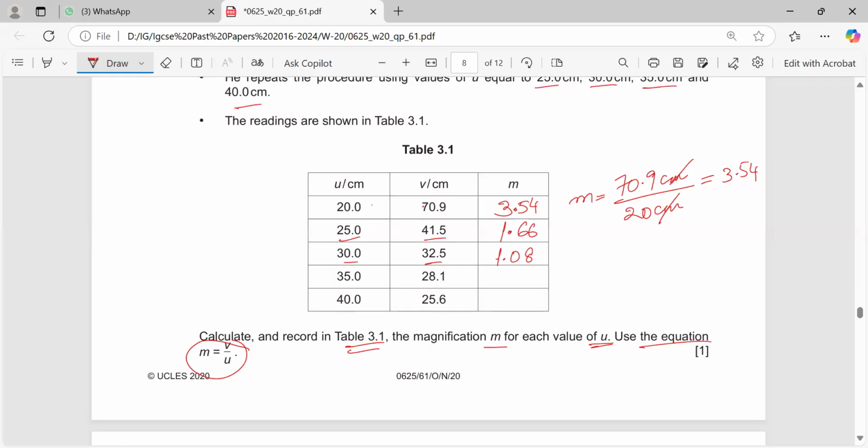And then, my dear friends, 28.1 divided by 35, now it will go less than 1, and that is almost 0.80. And the last number, 25.6 over 40, to get M magnification, which is V over U, answer is 0.64. So all the data which I have written is consistent for two decimal places.